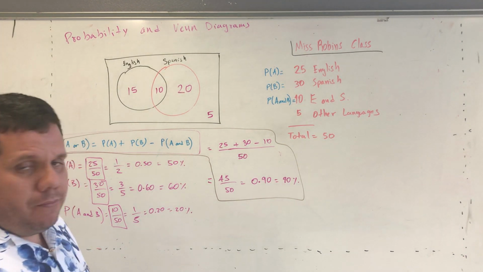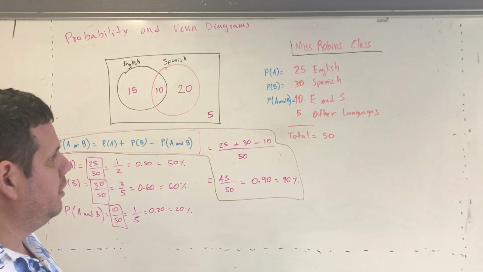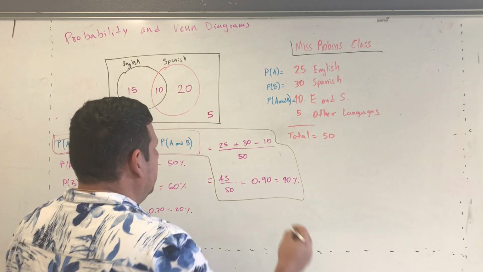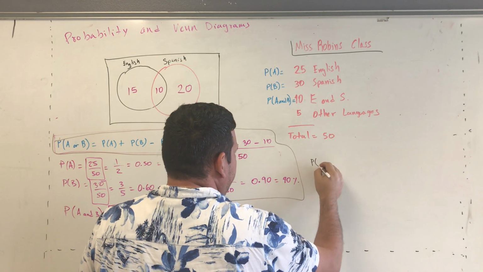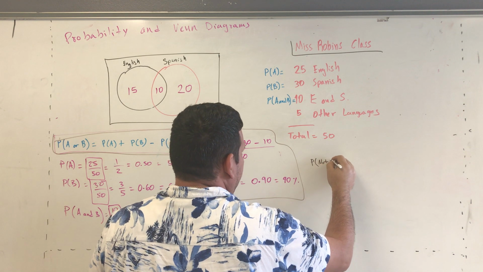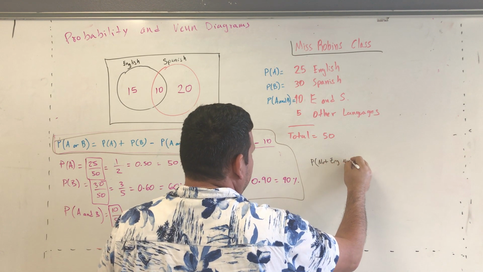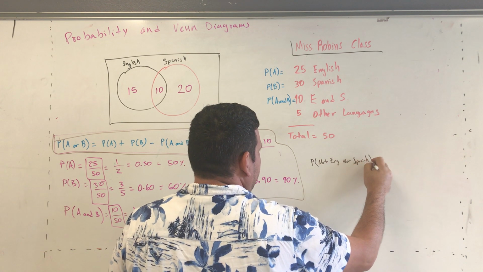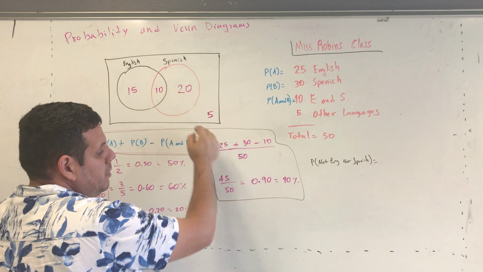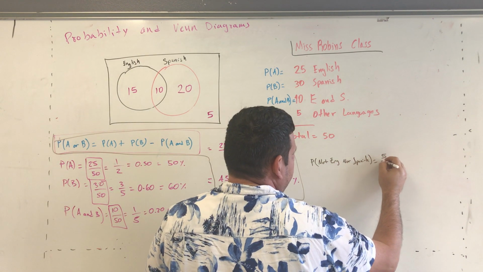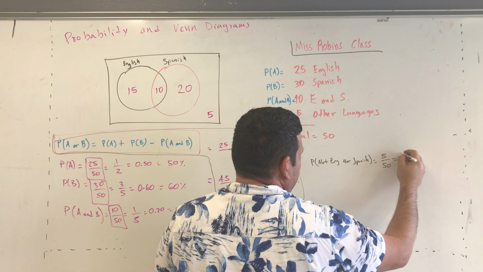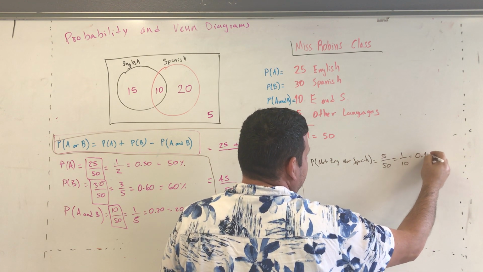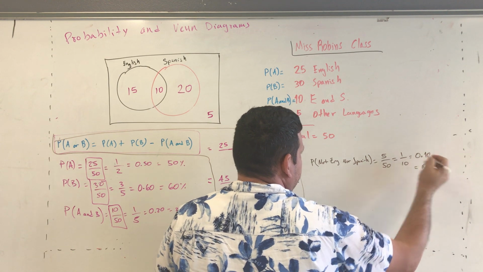All right, now what is the probability of getting a student with neither English nor Spanish? Okay, to do that, the probability of not English nor Spanish is just these five students. 5 divided by 50, which is 1 divided by 10, which is 0.10 or 10%.